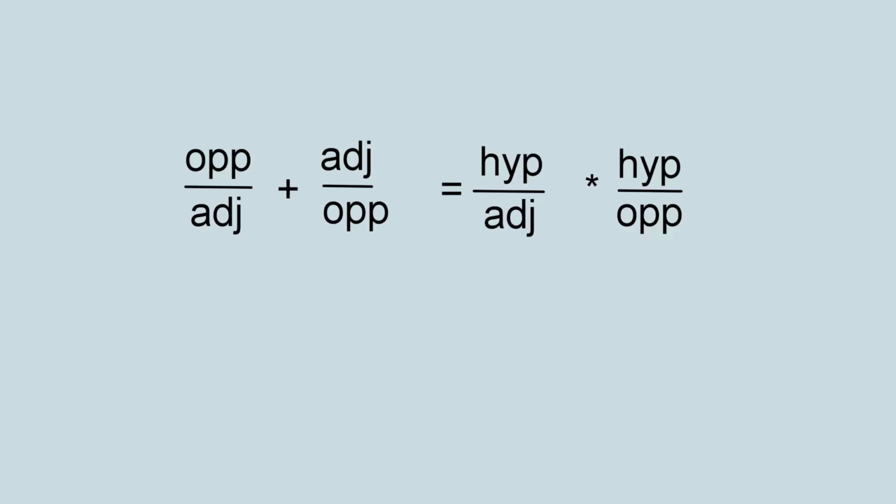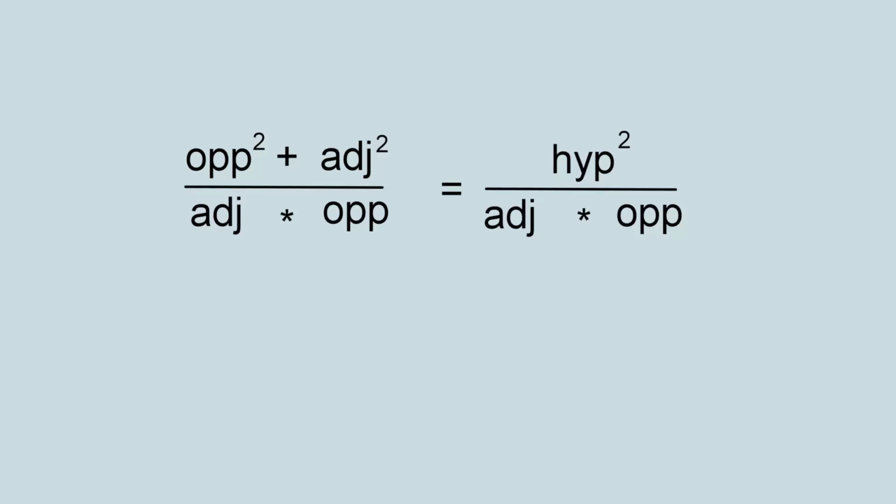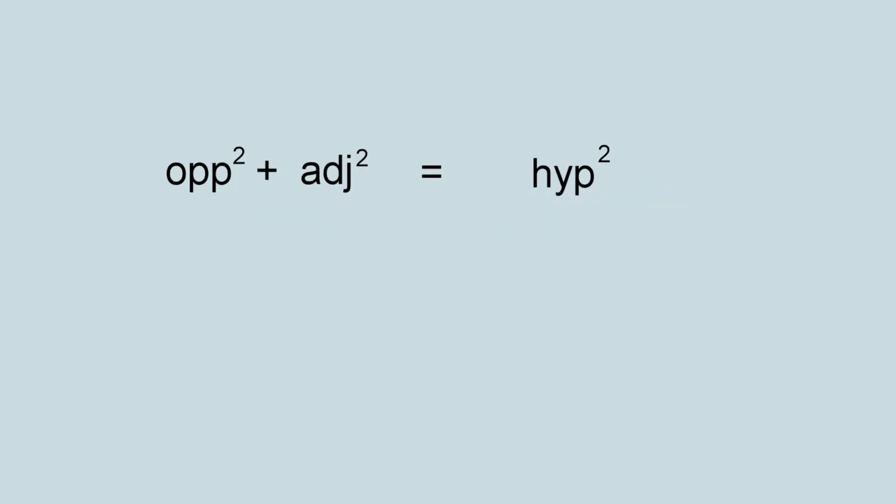Our next step is to combine the two fractions on the left and multiply the two fractions on the right, and this gets us opposite squared plus adjacent squared over adjacent times opposite being equal to hypotenuse squared over adjacent times opposite. Now at this point our denominators are equal, so we can just remove them from the equation, and we are left with a restatement of the Pythagorean theorem, which is obviously true.